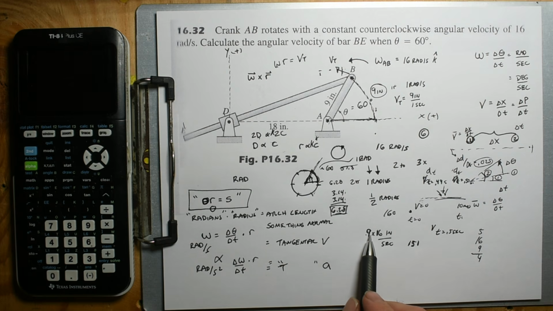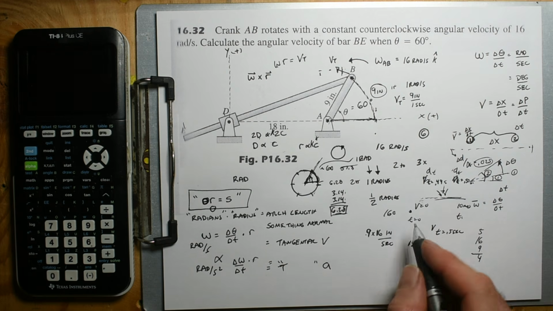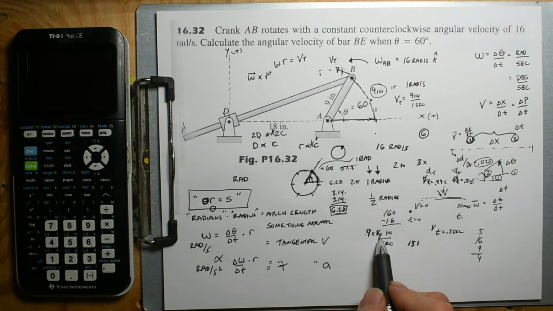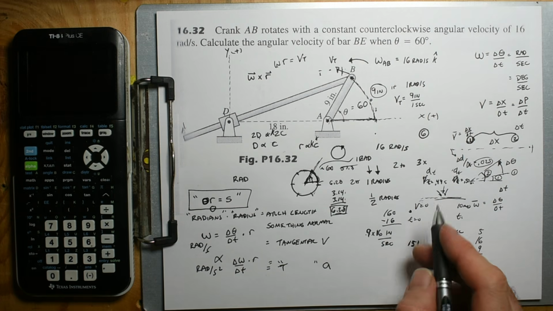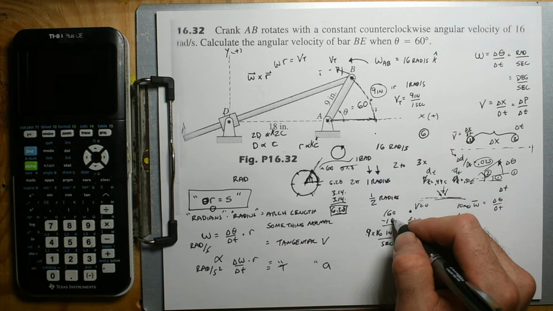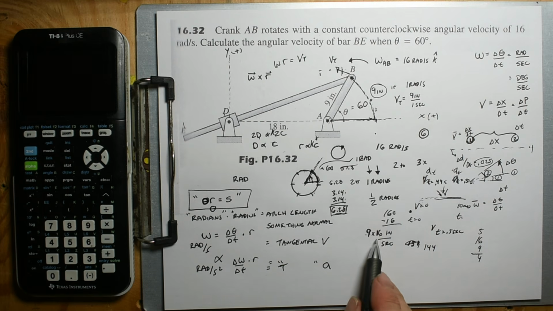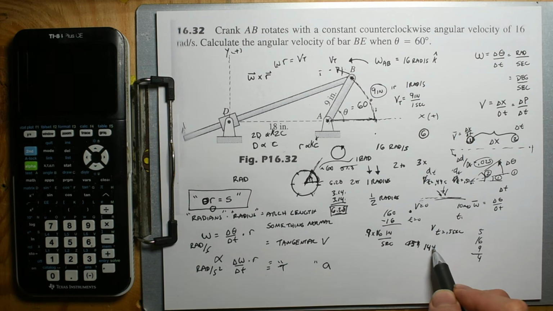How do we mess that up? 9 times 16 is 10 times 16 minus 16. So it would be 160 minus 16, which is 144.